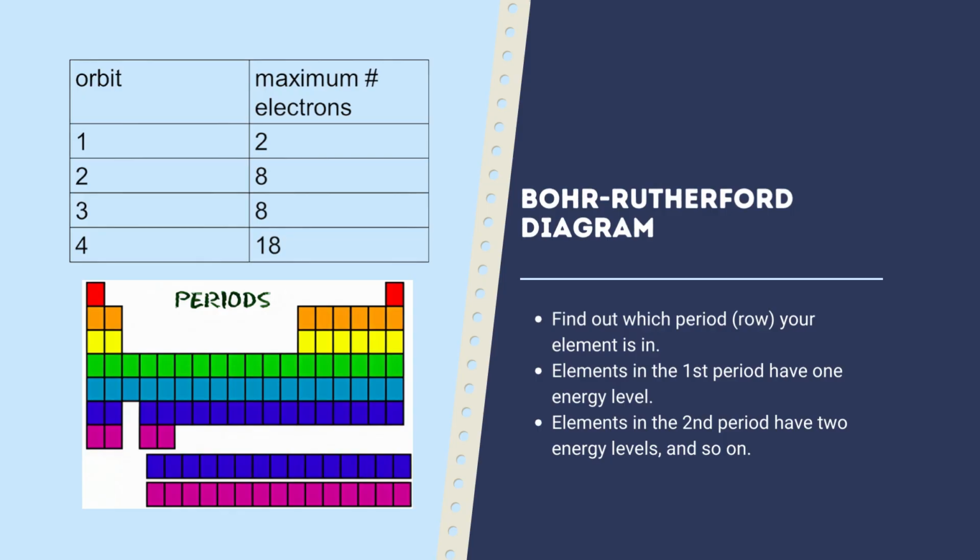Elements in the first period only have 1 energy level, while elements in the second period have 2 energy levels, and so on. The number of energy levels an element has corresponds to its position on the periodic table. By understanding the number of energy levels an element has, we can start to understand how its electrons are arranged and how it interacts with other elements.